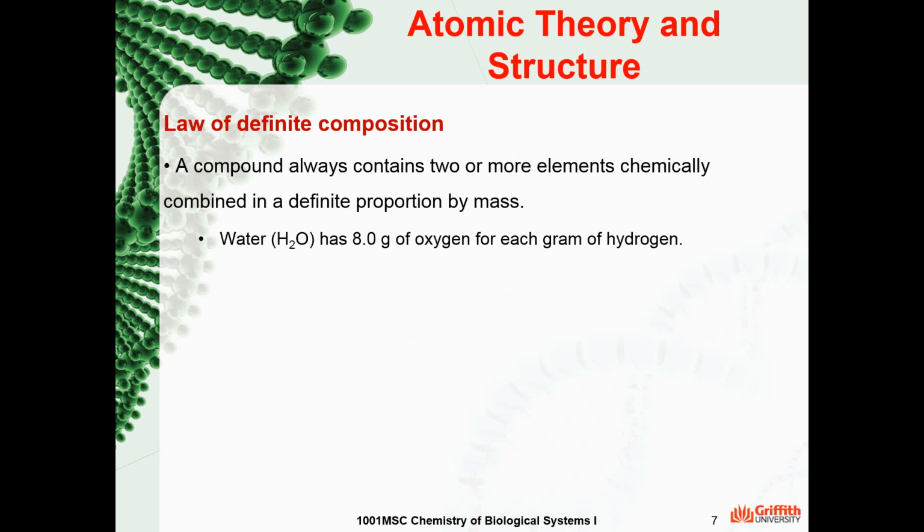But what is the mass ratio of oxygen in relevance to the hydrogen in a molecule of water? The ratio in this case is 1 to 8. So if you have 1 gram of hydrogen, then you have 8 grams of oxygen. Also, if you have 16 grams of oxygen, then you have 2 grams of hydrogen, and so on.